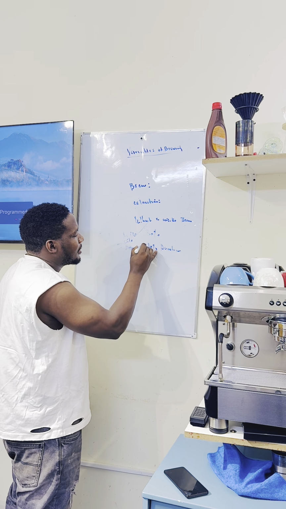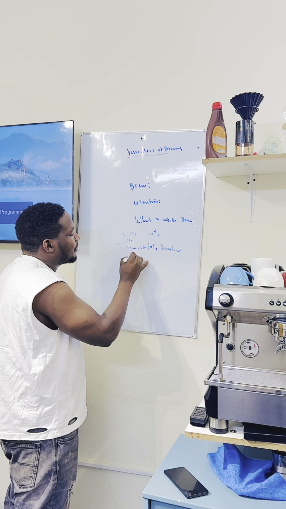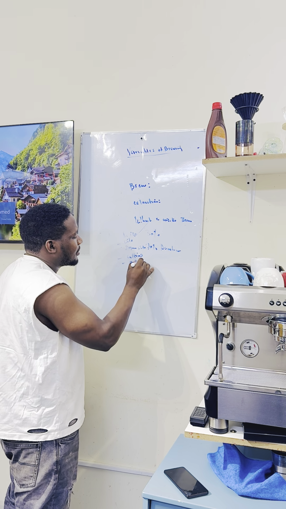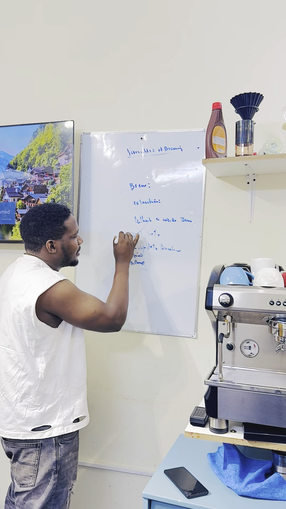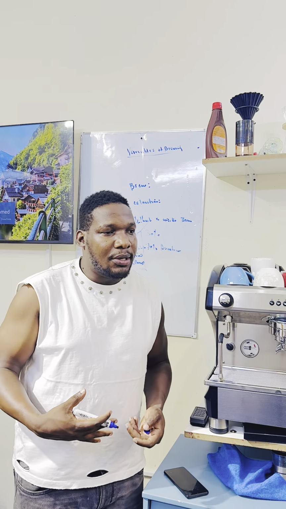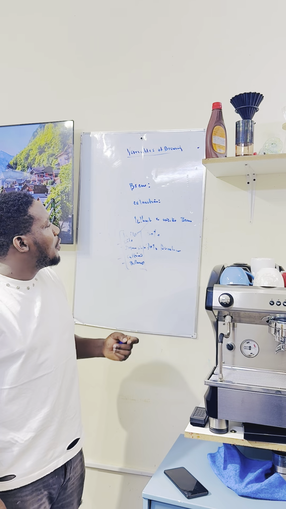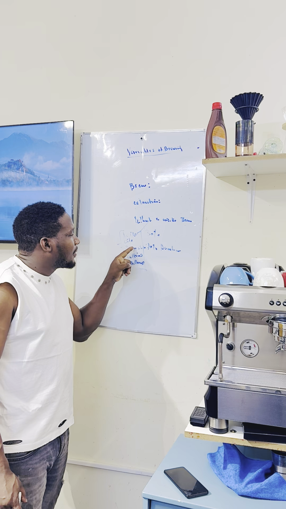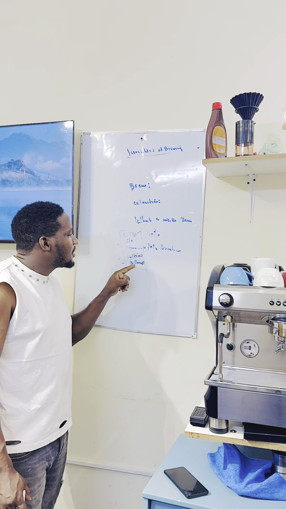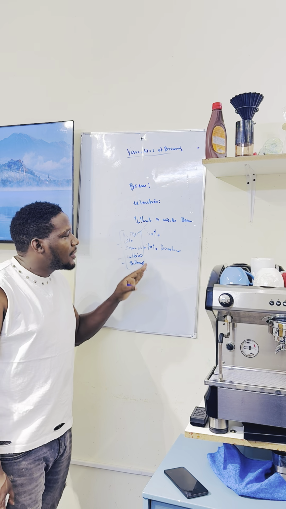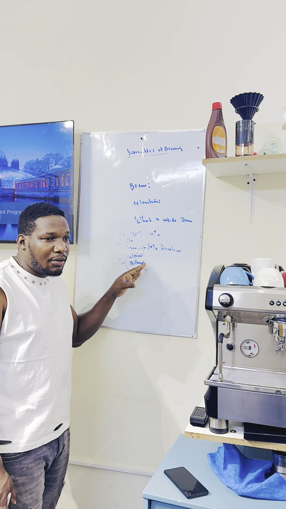There is caffeine, there is bitterness. Do you get me? These are some of the compounds that do dissolve in water. So we give the water the energy to dissolve this. After dissolving this is what we're going to drink as coffee.